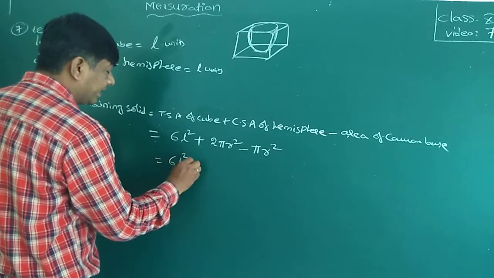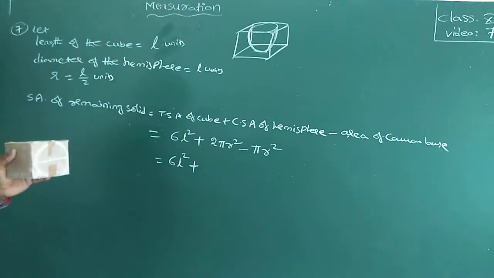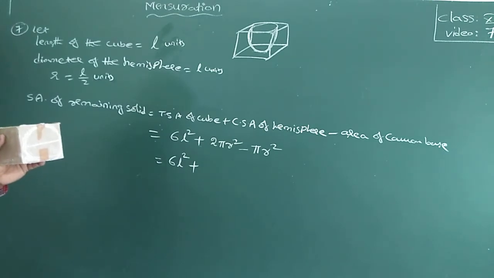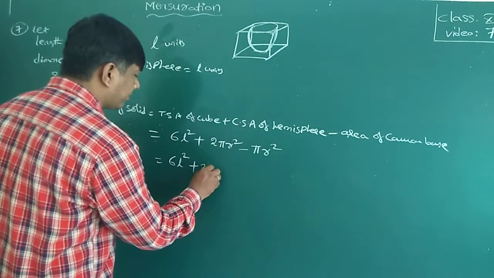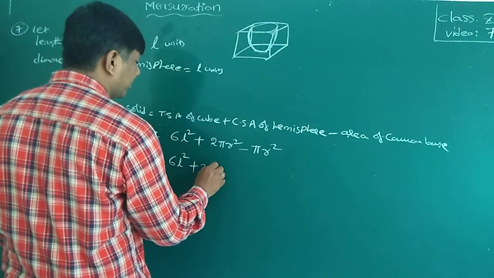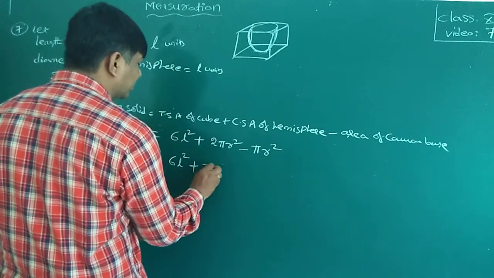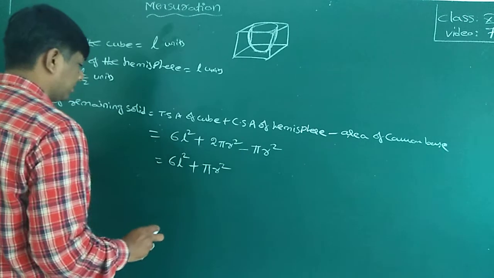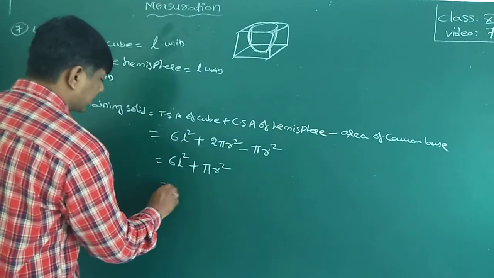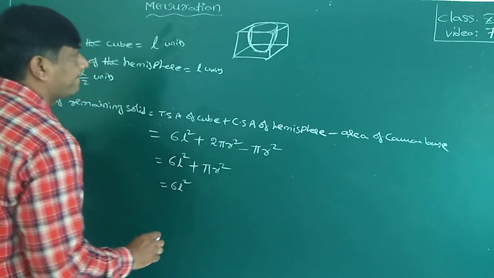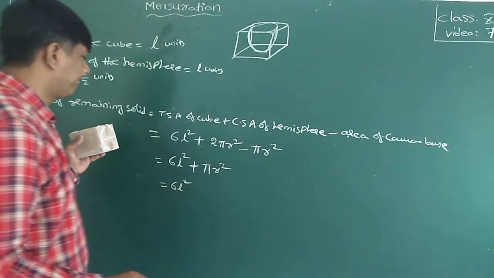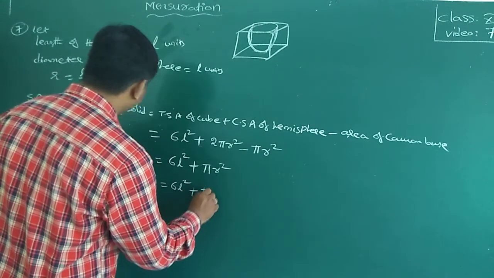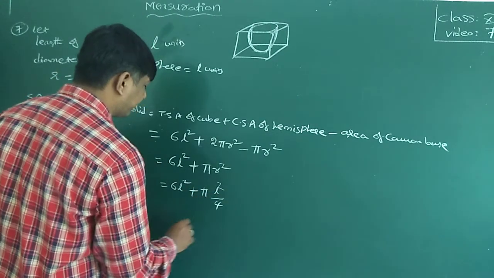So 6L square plus 2 pi r square minus pi r square, that is equal to 6L square plus pi into L square by 4.